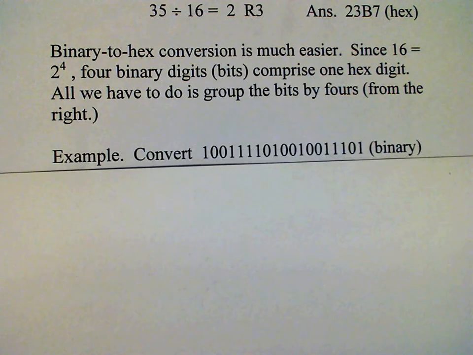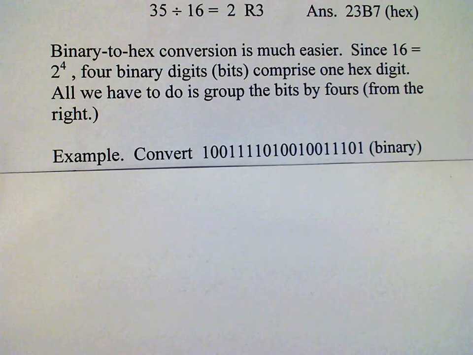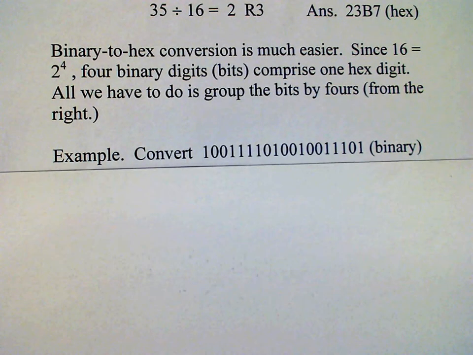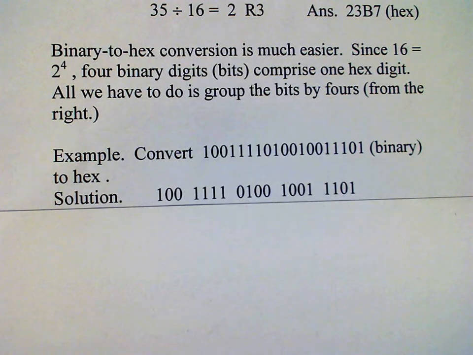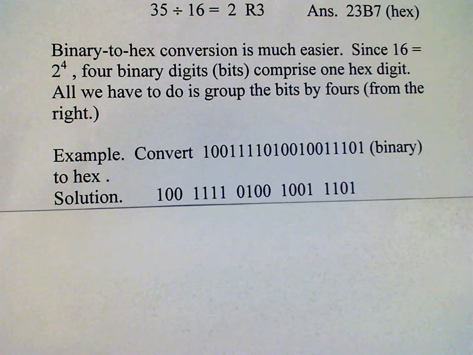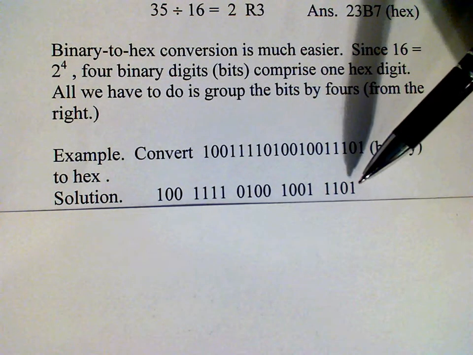So we have this string of 1s and 0s in binary to convert. First thing we do is group them by 4s from the right, and then look and see what each group of 4 is going to be represented by in hex.